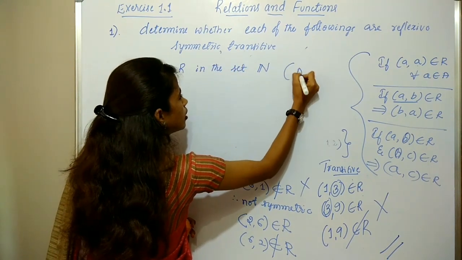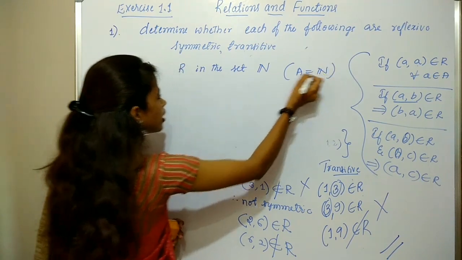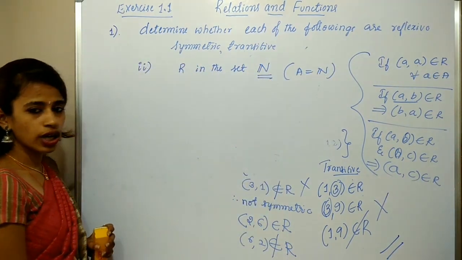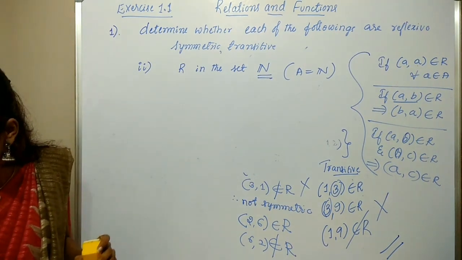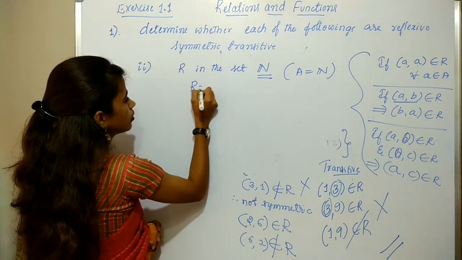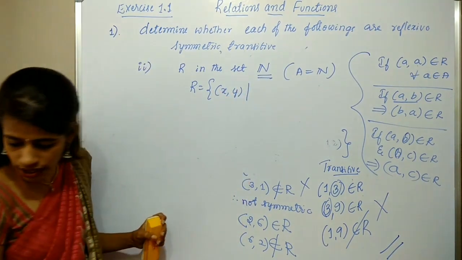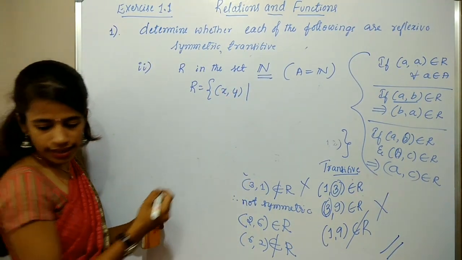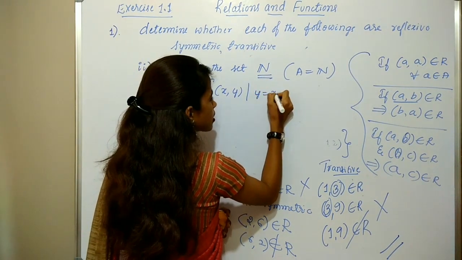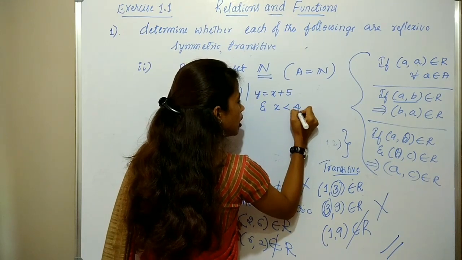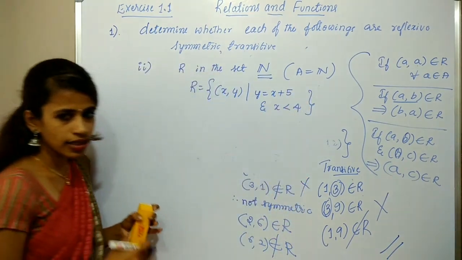Here A is N. The relation R in A, that is, the set of natural numbers, is defined as R equals the set of all (x, y) such that y equals x plus 5 and x is less than 4. That is the question.